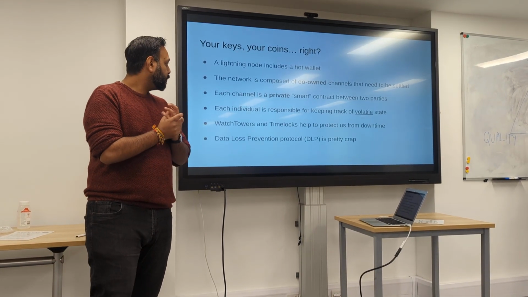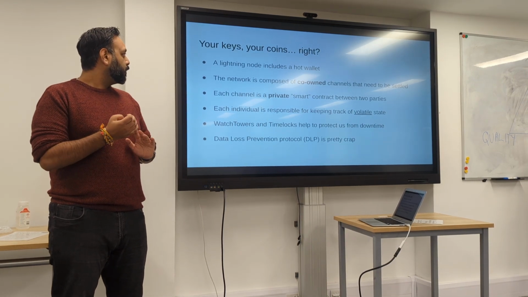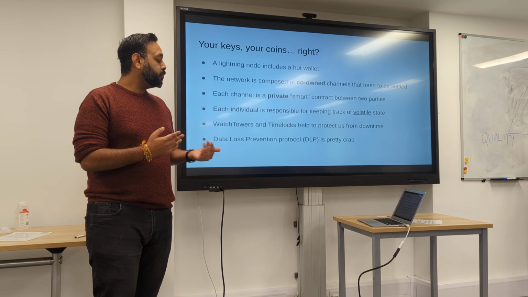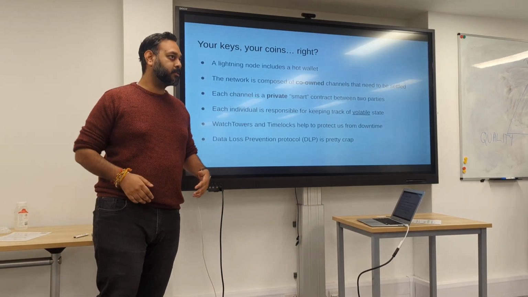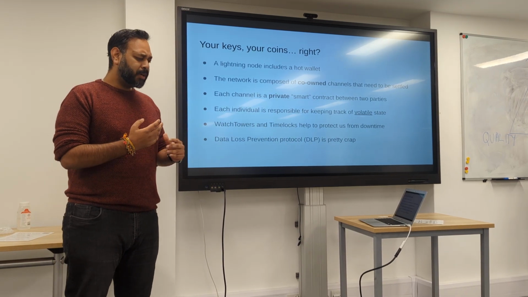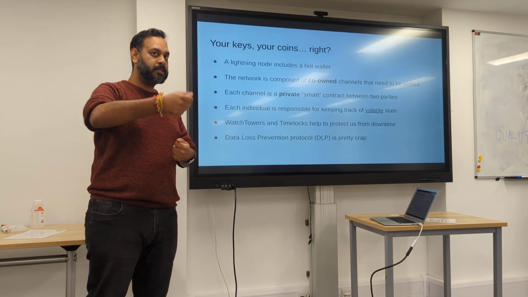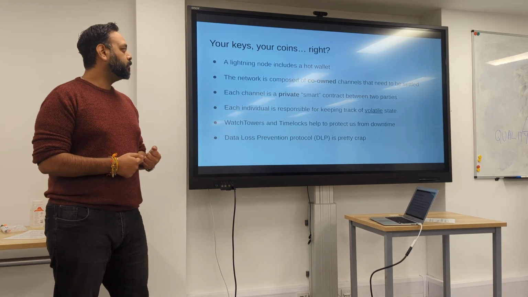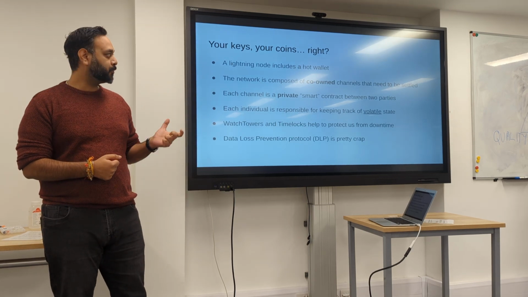So now I think it's a good time to talk a little bit about Lightning, but the Lightning includes a hot wallet. There are some funds on chain which I have immediate access to, and I can withdraw that. But in order for the Lightning Network to make these peer-to-peer payments, we start creating things called co-owned channels.